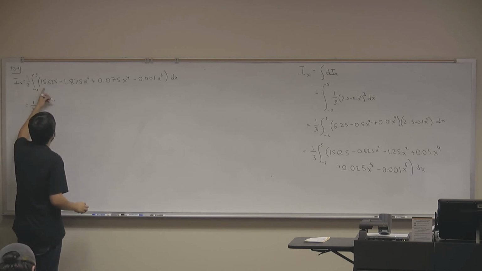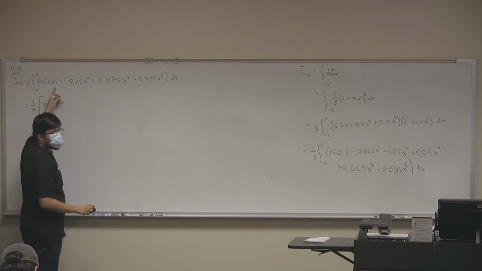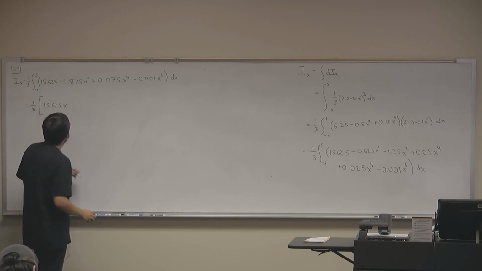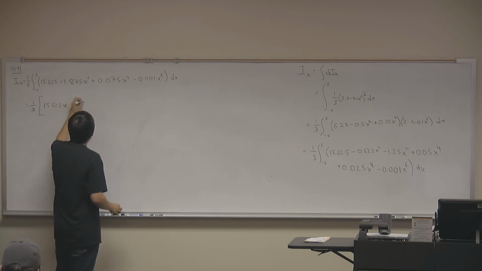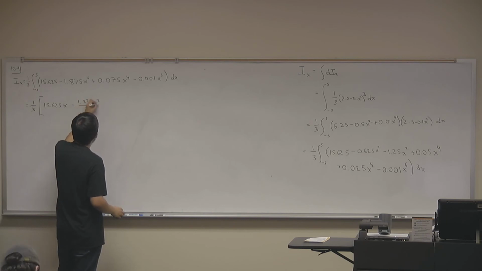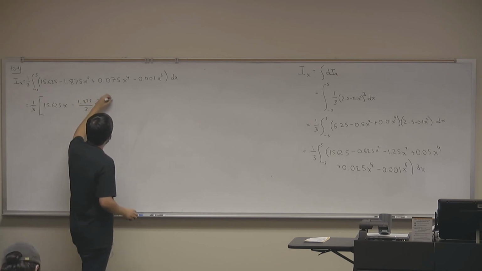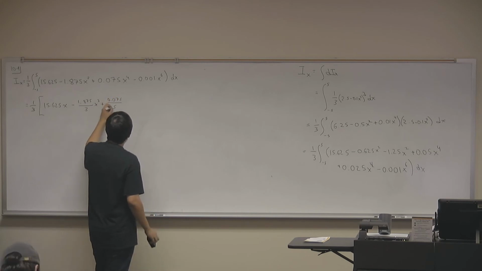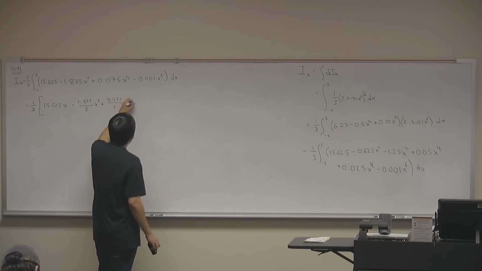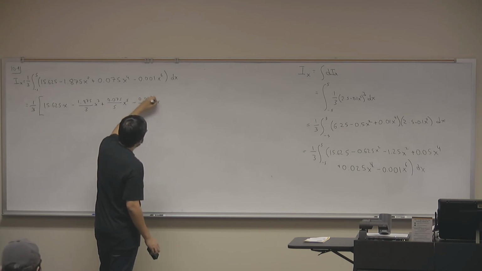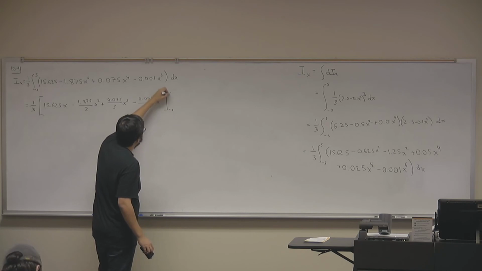Let's see, the integral of 15.625, 15.625x. Okay. Minus 1.875/3 x cubed plus 0.075/5 x to the fifth minus 0.001/7 x to the seventh, and all this evaluated from -5 to 5.